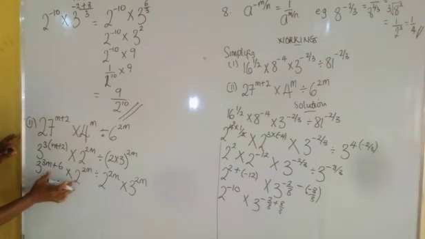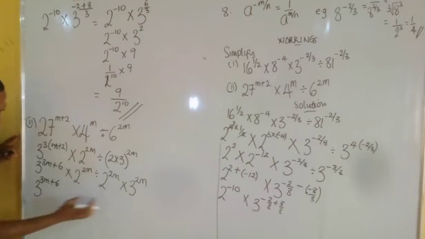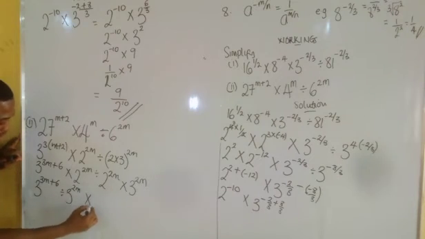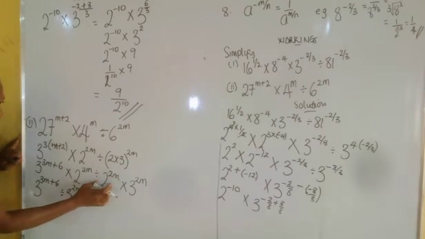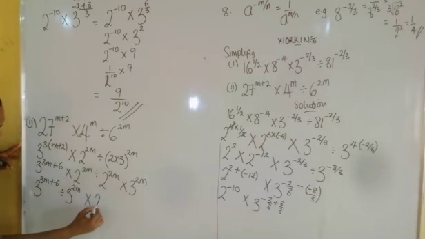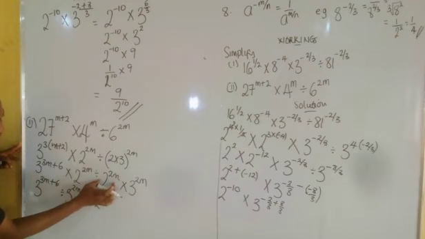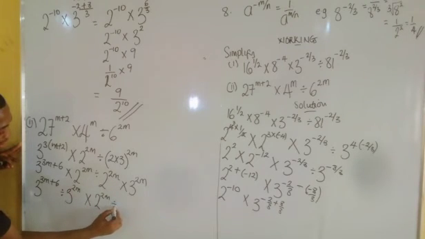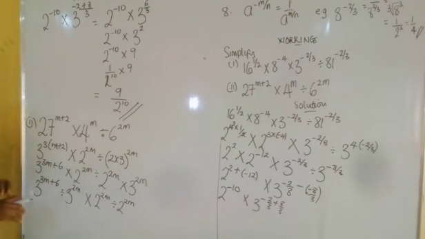Remember, this is dividing this. So what is coming here is divided by 3 raised to the power 2m times. Now we already have our 2 raised to the power 2m, also dividing this. So it will be divided by 2 raised to the power 2m.